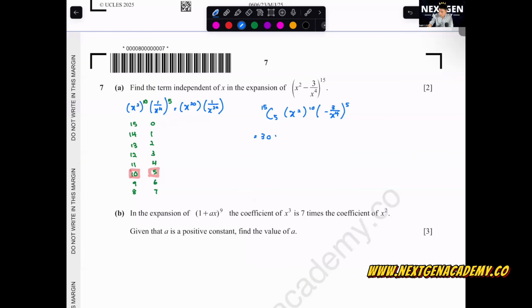This will be 3003 x to the power of 20 minus 243 over x to the power of 20. Type this one in the calculator. Minus 729,729.